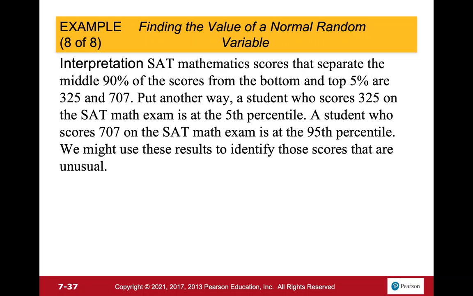So put another way, the student who scored 325 on the SAT math is in the fifth percentile. The student who scores 707 on the SAT math exam is at the 95th percentile. So we might use these results to identify those scores as unusual, but we could still see that they are somewhat usual.